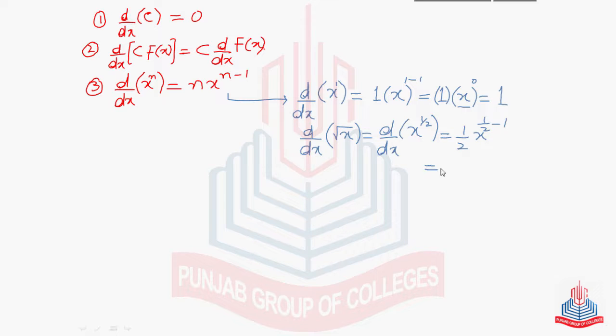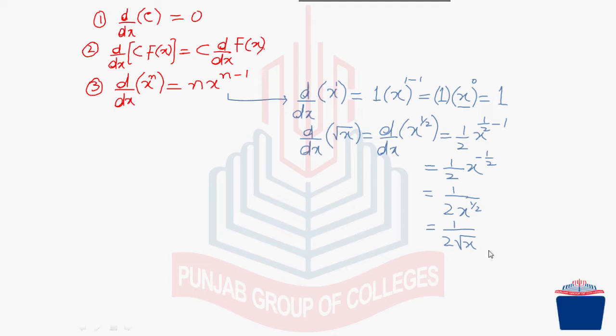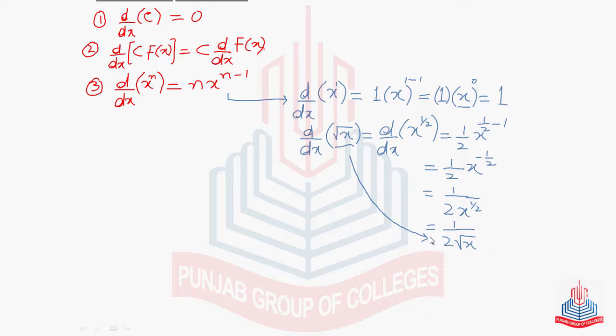So this will become 1 by 2 x raised to the power minus 1 by 2. And that can be written as 1 by 2 x raised to the power 1 by 2, and this is actually 1 by 2 under root x. So whenever we differentiate under root x, the final result is 1 by 2 into under root x.